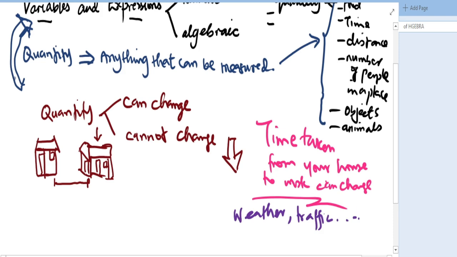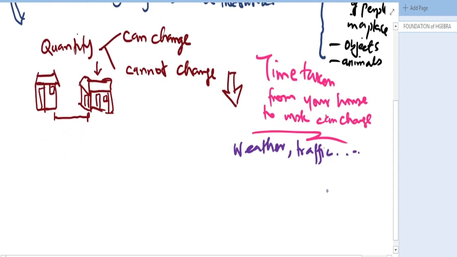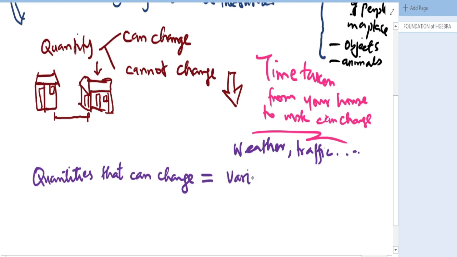So, any quantity that can change is referred to as what? We are coming back to the beginning. Quantities that can change are called variables.